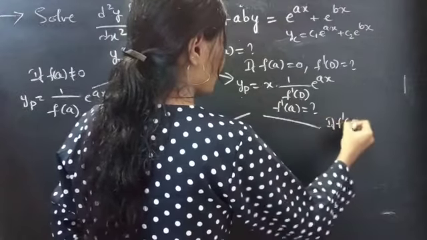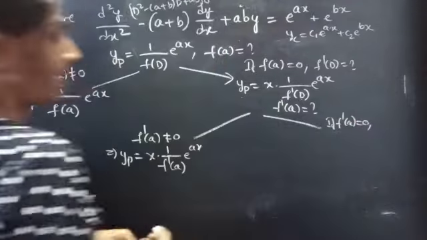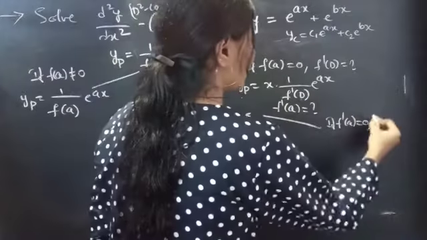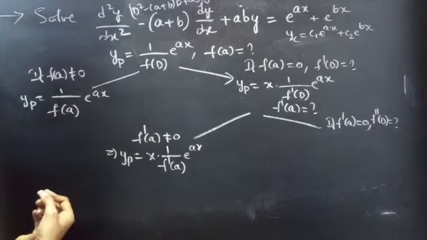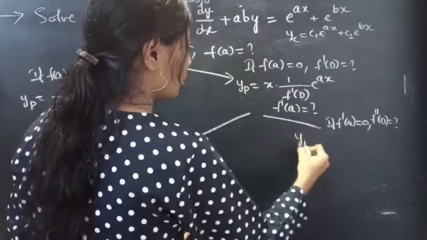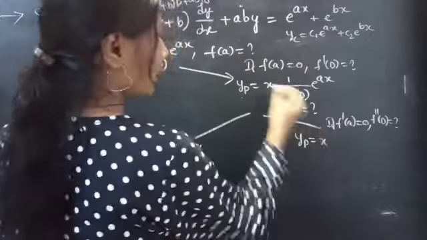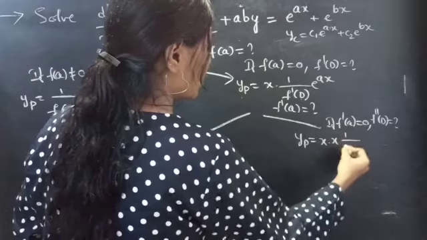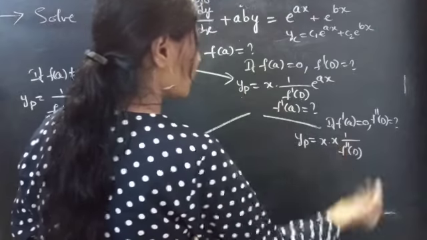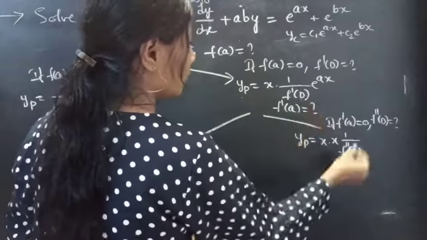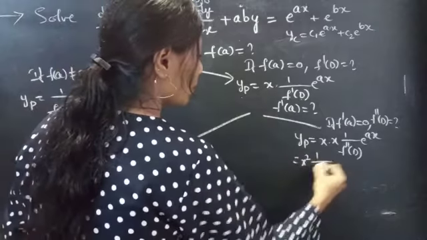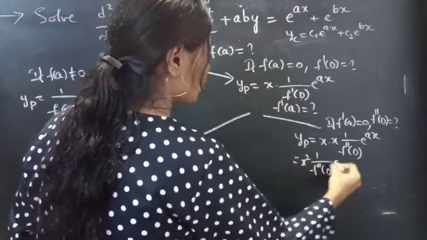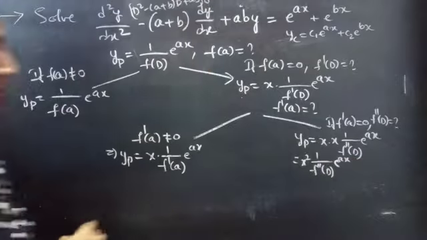If f dash of a equals to 0, again you need to find f double dash of D. So we'll consider yp as already have one x, put another x into 1 by f double dash of D, the derivative of f dash of D, into e power ax. So from this you'll get x square into 1 by f double dash of D into e power ax.